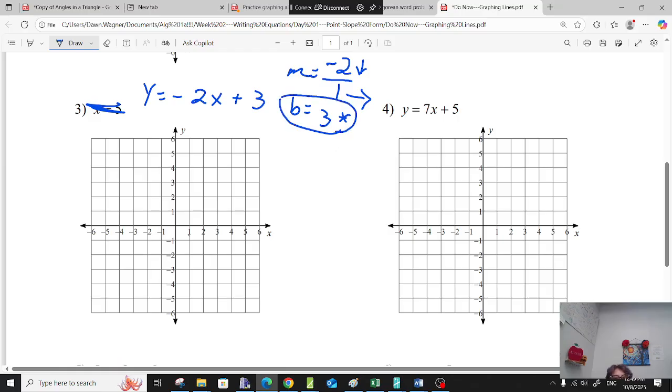So I'm going to go up 3. Now from this point you go down 2 and over 1. Down 1, 2, over 1. 1, 2, over 1. And you can just keep doing that. It's kind of relaxing, actually. And then you can draw your line.